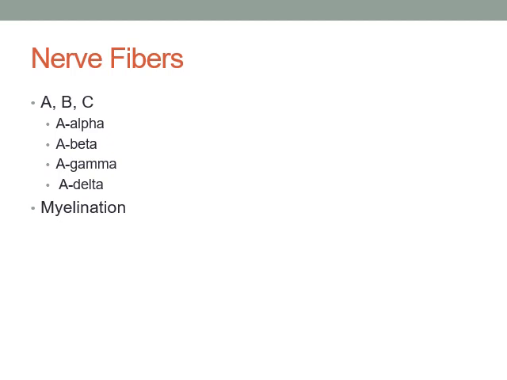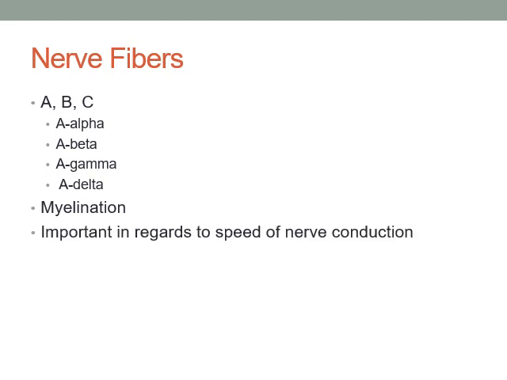Okay, that takes us into myelination. So myelin is just a sheath that covers the nerve fiber. When a nerve has myelination, it increases the conduction velocity. In other words, the information that gets sent along the nerve is a lot faster. Okay, so that's important in regards to speed of nerve conduction.